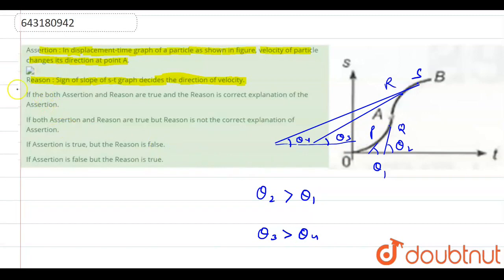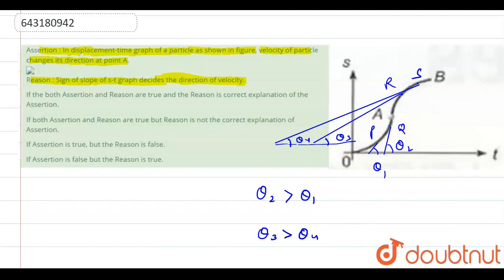Now moving towards the assertion, it says that in the displacement-time graph of a particle as shown in the figure, the velocity changes its direction from point A. If you see, at the points R and S and at the points P and Q, all the points are making an acute angle.